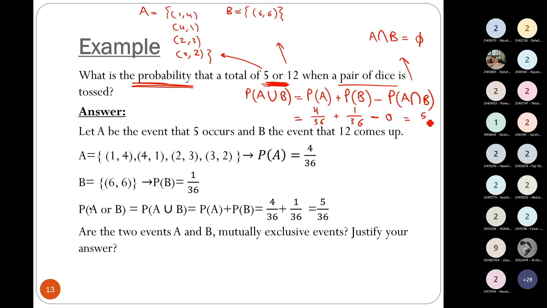So we have 5 over 36. This is the probability that the total is 5 or 12.